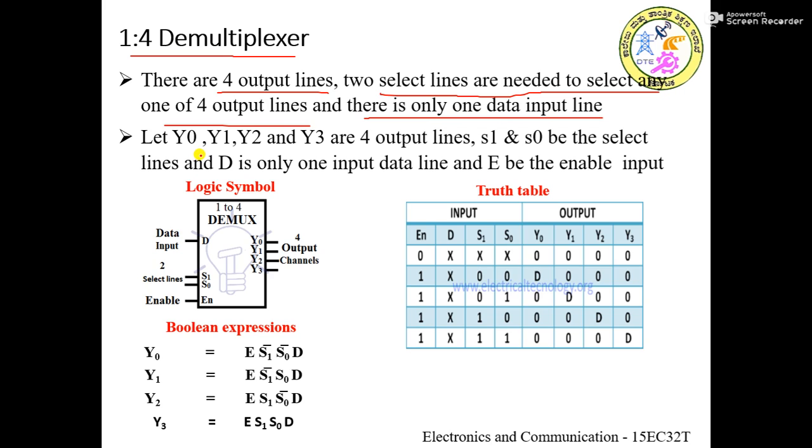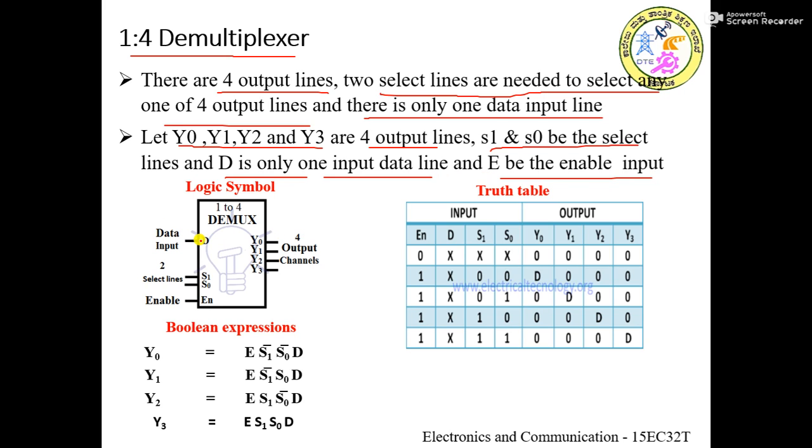Now we shall give names to the inputs and outputs. We will designate the outputs with the literals Y0, Y1, Y2 and Y3. These are the four literals for indicating the output lines. Let S1 and S0 be the select lines, D be the only data input line, and E be the enable input.